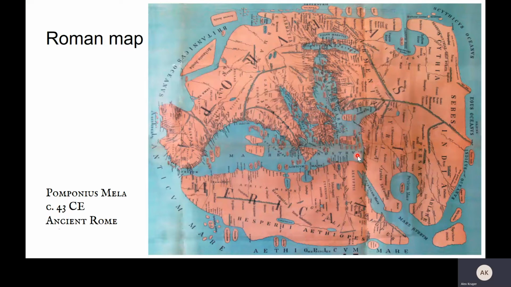Their scale was a little off. Here's the Holy Land, Jerusalem and stuff. They got India down here, Scythia, which would be kind of like the northern Iran area, and then Africa. They're a little bit off, but it's kind of weird how they got this face shape in there. It's even got an ear.